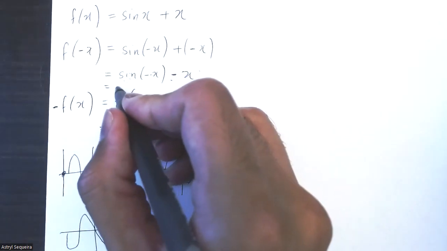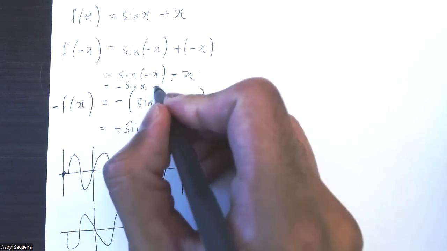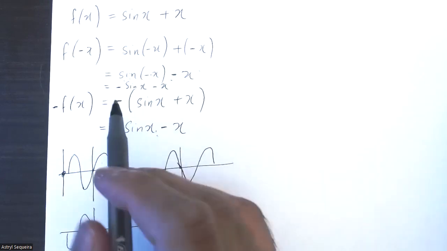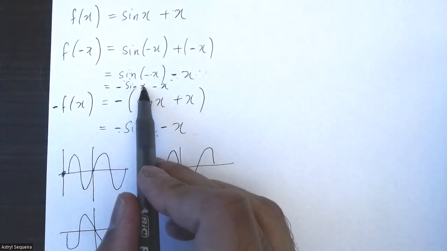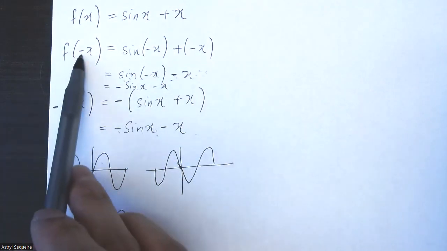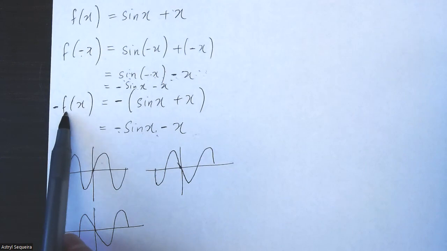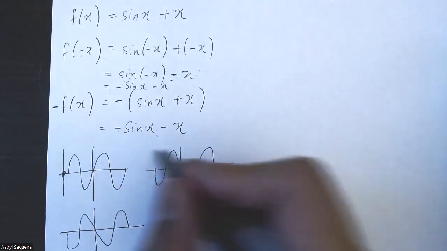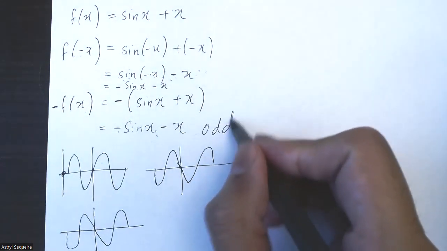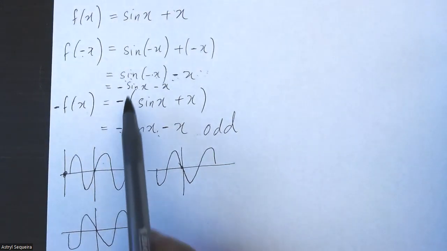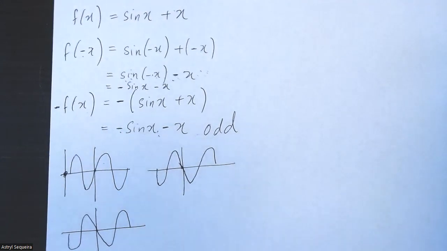I'll squeeze it in as negative sine x minus x because sine of negative x is the exact same as negative sine of x. So now f of negative x is the exact same as negative f of x, which means that this is an odd function. You do have to know your trig rules pretty well and your regular rules for all types of functions as well to be able to answer these questions.